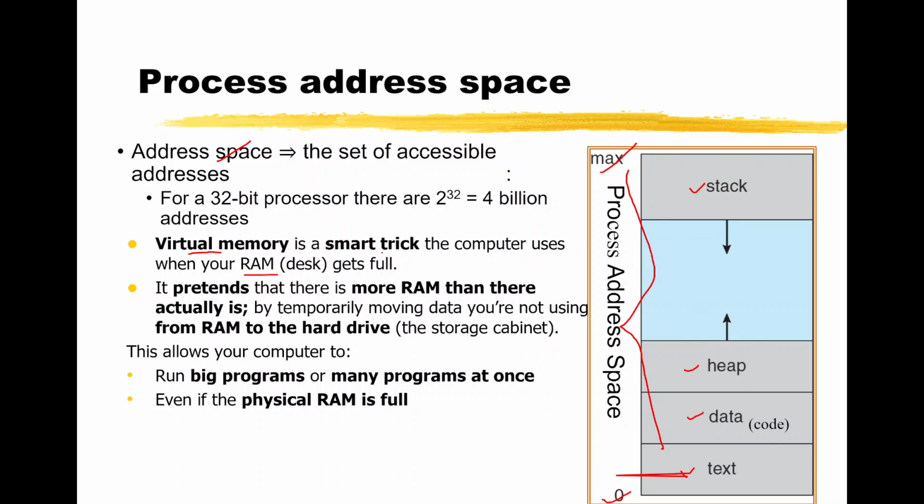So virtual memory could be created even within the RAM, because usually there's a hierarchy of memory. Memory moves from the hard disk to the RAM, and then there's a cache. So it moves up that way. It's like a triangle.